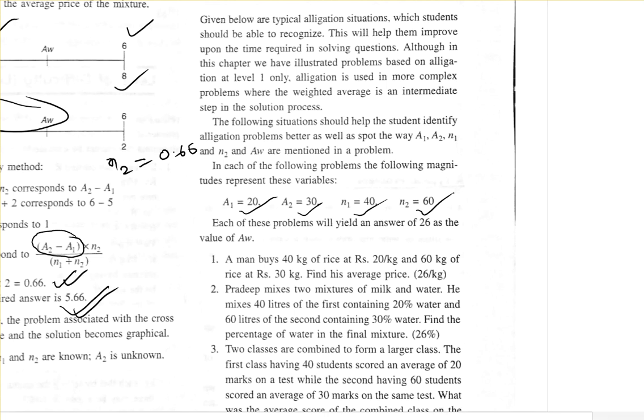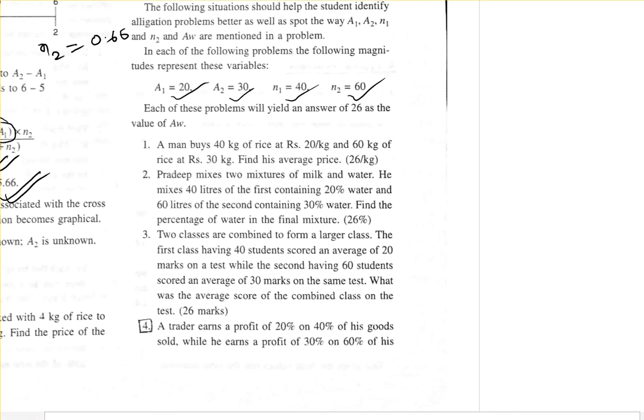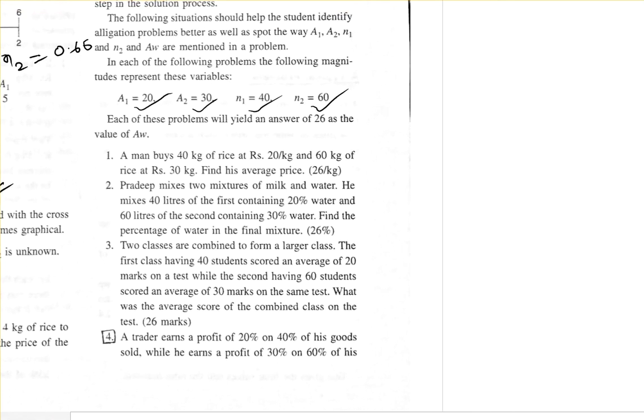Okay, no problem. A man buys 40 kgs of rice at rupees 20 per kg and 60 kgs of rice at 30 per kg. Find the average price. So average is to be found out, so the second method we will not use. We will use the first method, the direct formula.